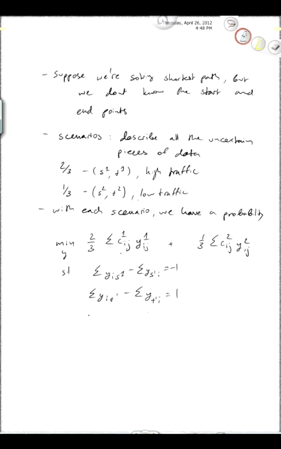Everything for T1. Everything for these intermediate points. So this just describes the shortest path problem for the first scenario. And on the other side, I'm going to describe just the shortest path problem for the second scenario.